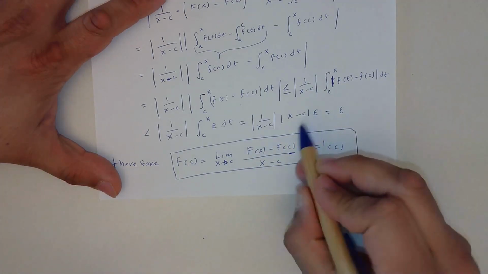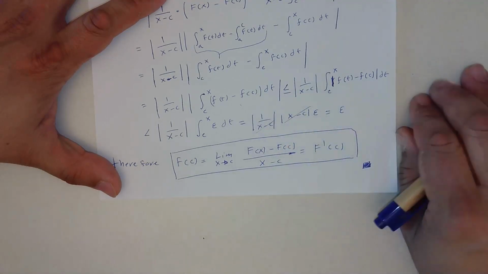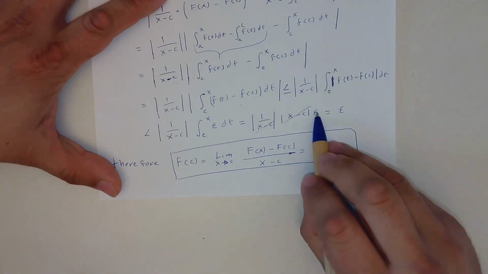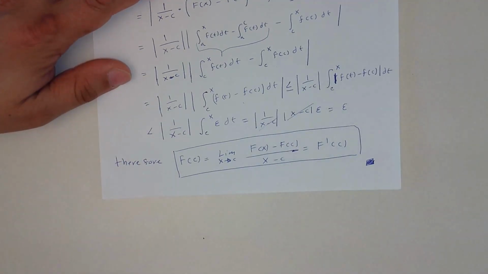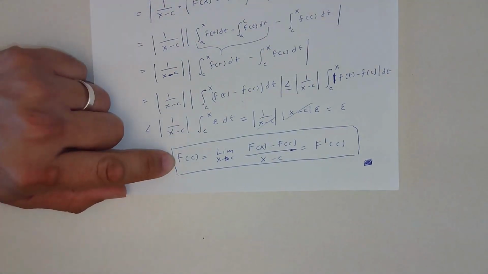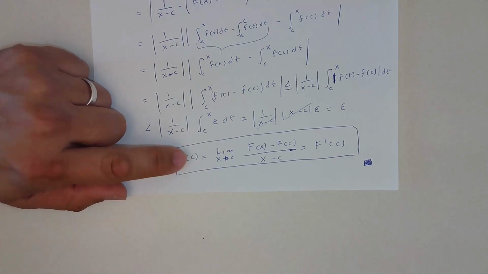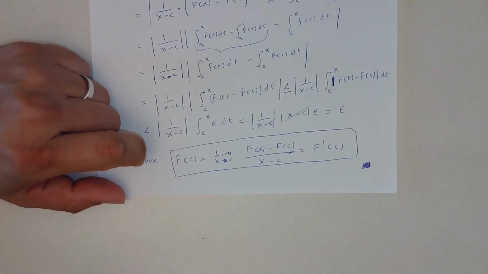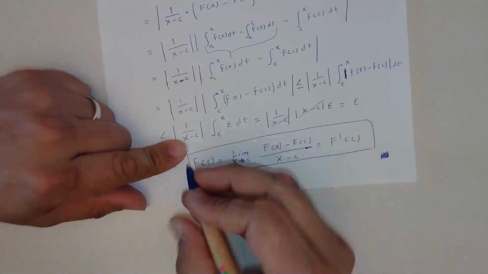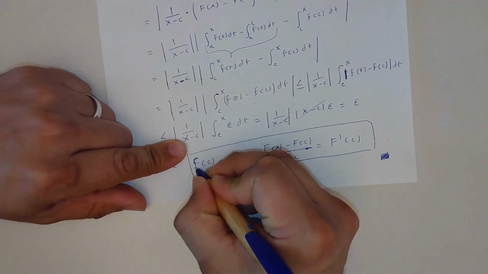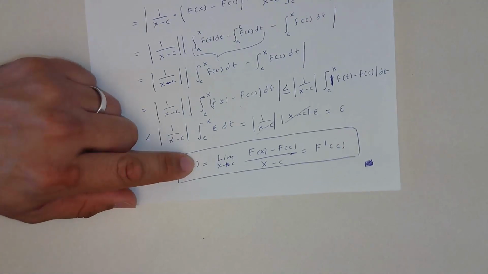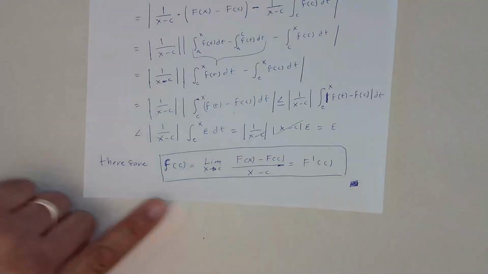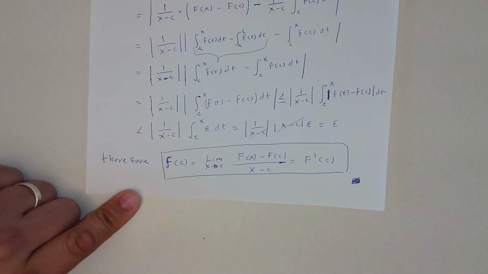Multiplied by epsilon, but this one we can cancel, and we will have this equal to epsilon. Therefore, the normal function f evaluated at c is equal to the derivative of the capital F evaluated at c.